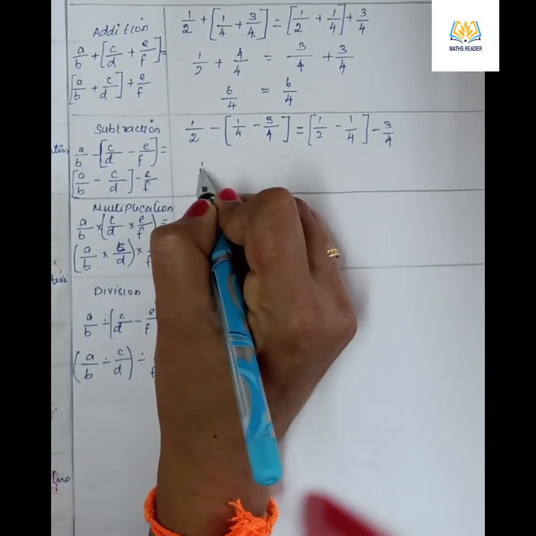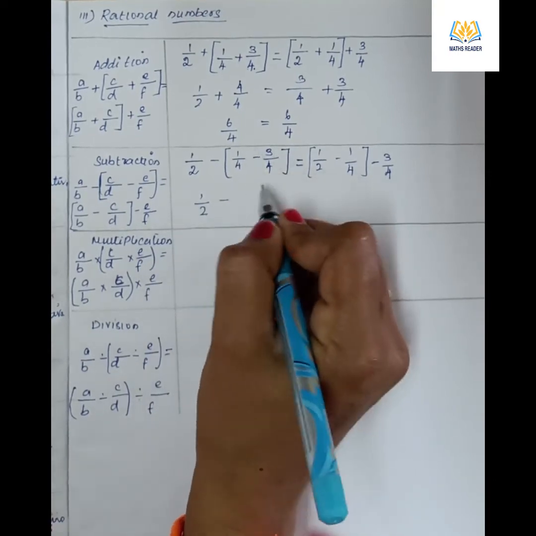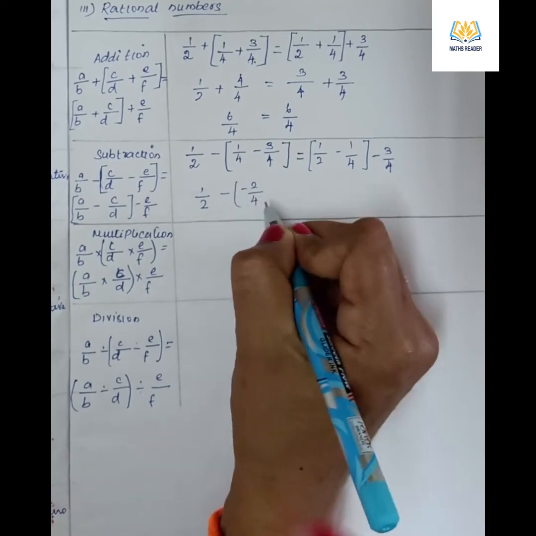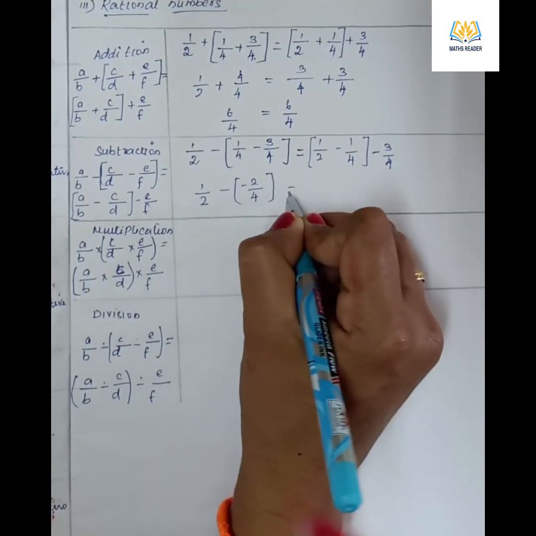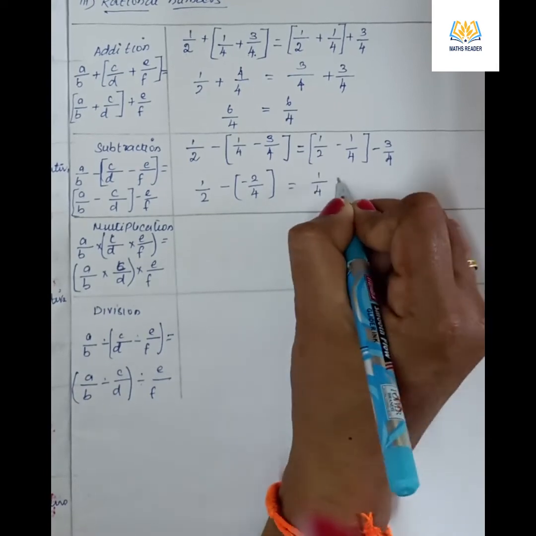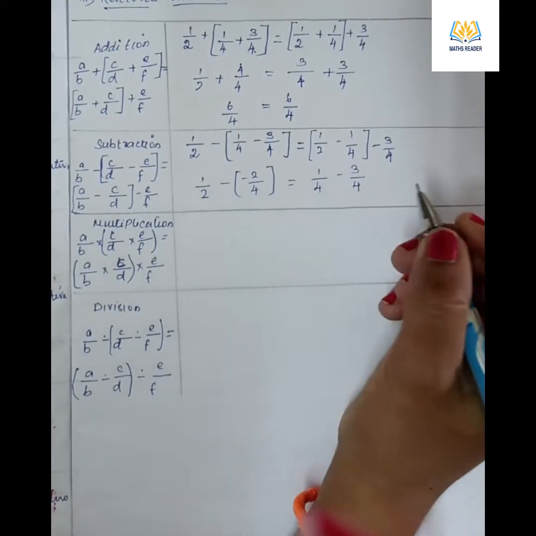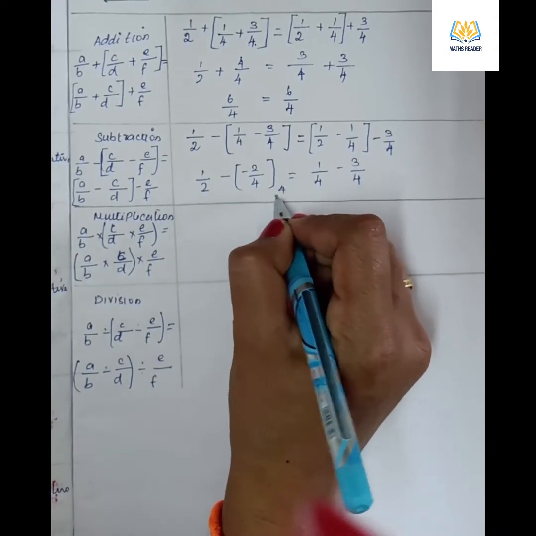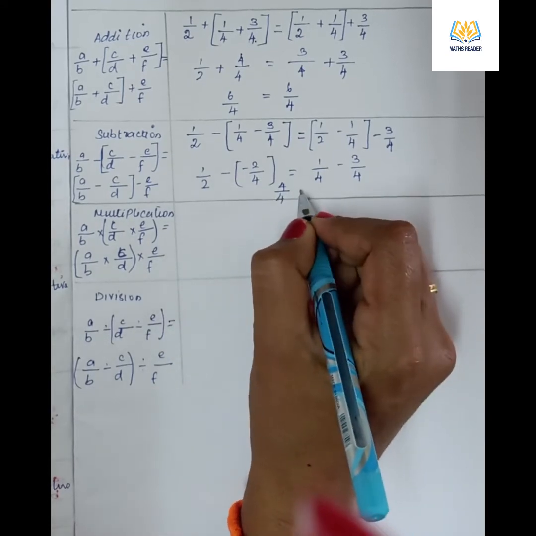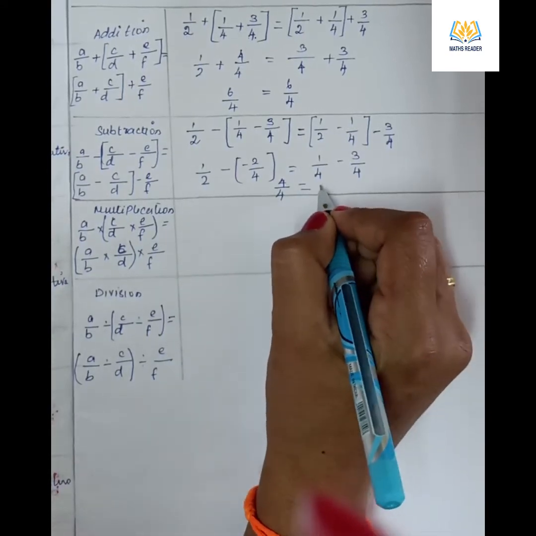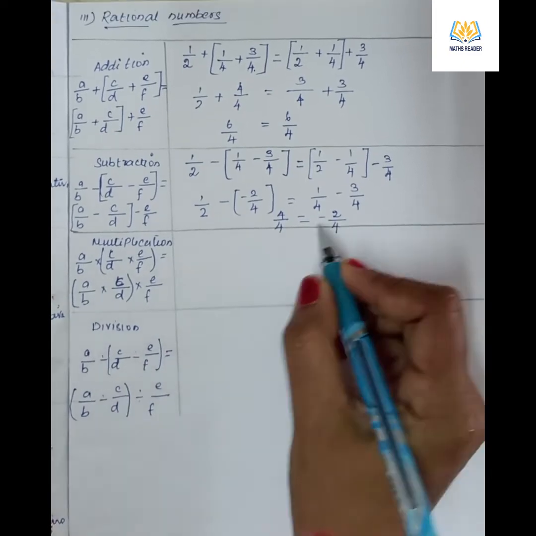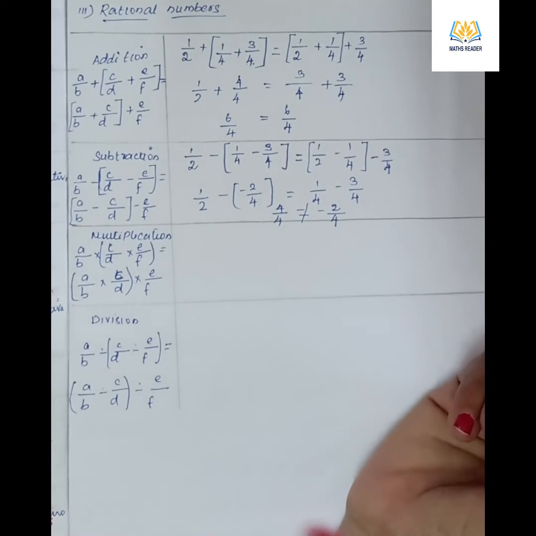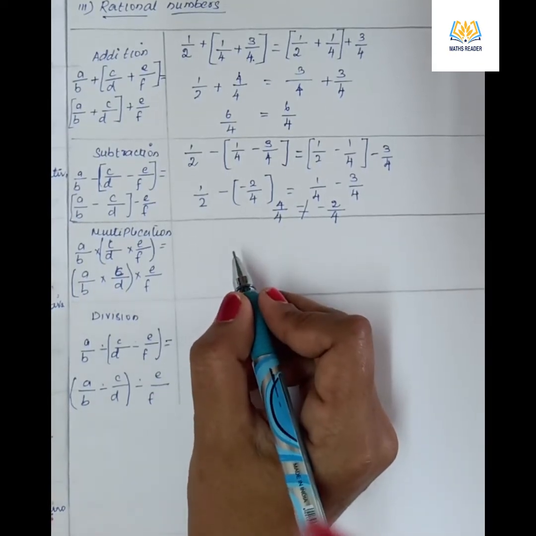If we solve these terms, we will get 1 by 2 minus... equal to 1 by 4 minus 3 by 4, which is minus 2 by 4. So this is not equal to this one. So subtraction does not satisfy this associative property.